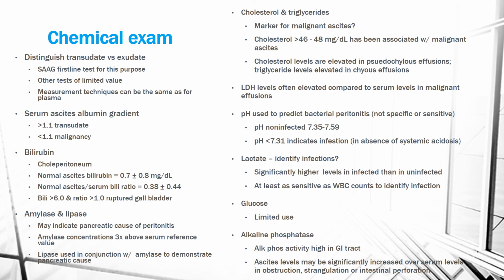So the SAAG is the serum ascites albumin gradient. And that's what we use primarily in order to establish, is a PD fluid a transudate or is it an exudate? Okay.